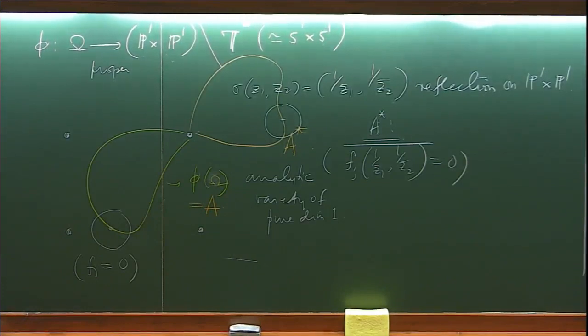So Alexander and Becker's theorem tells you that if you take the closure of A union A star, adjoin the boundary, a priori you can get a very complicated set just by adjoining the topological boundary. But their theorem says that the closure of A union A star is also an analytic variety of pure dimension 1 in P1 cross P1. That's the theorem.